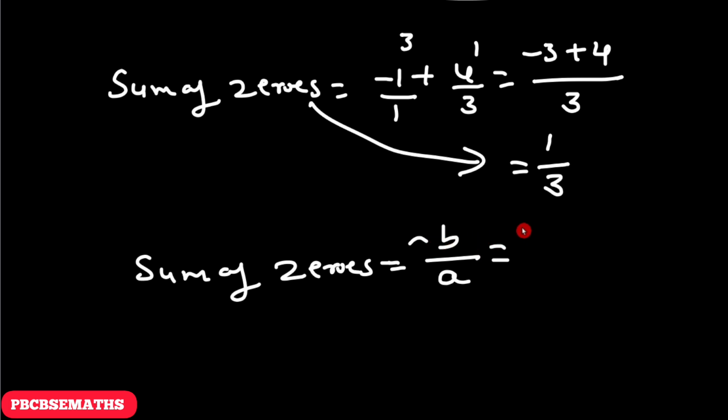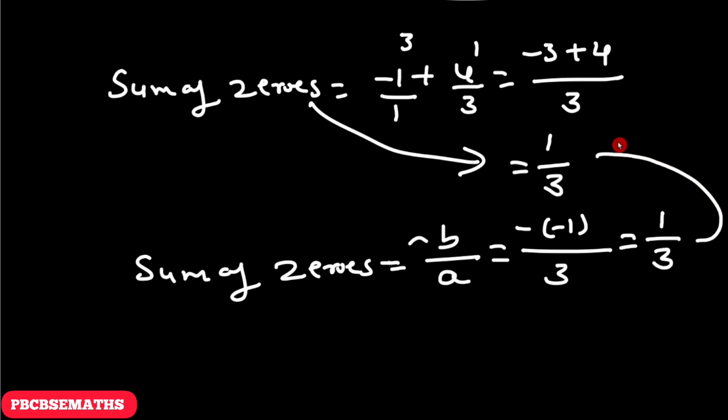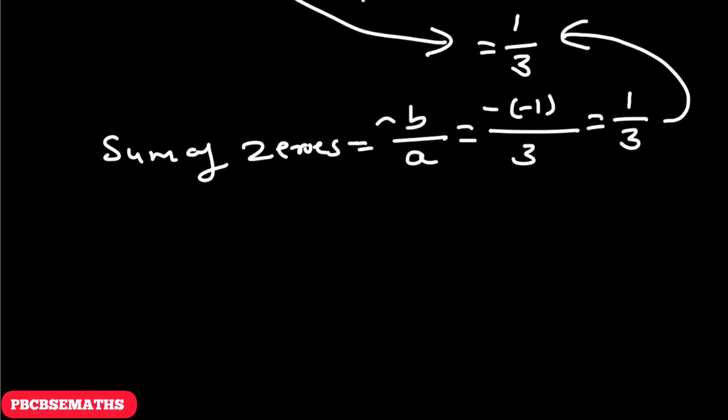So let's write that minus of minus 1 whole divided by coefficient of x square, which is 3. So minus of minus 1 gives us 1 divided by 3. So sum of the zeros is equals to 1 by 3. It is correct. Let's verify the product of the zeros.